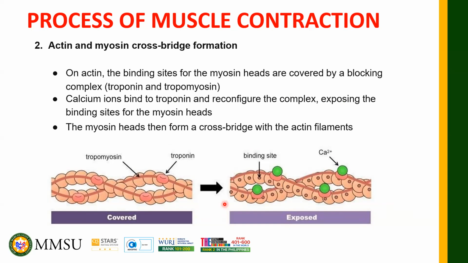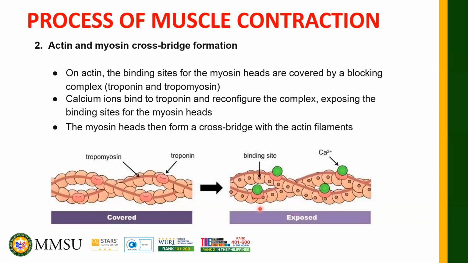So yung conformational change ngayon, it will shift the position of the tropomyosin, which now exposes etong binding site. And we call this one as the myosin binding sites on the actin filaments. Okay?